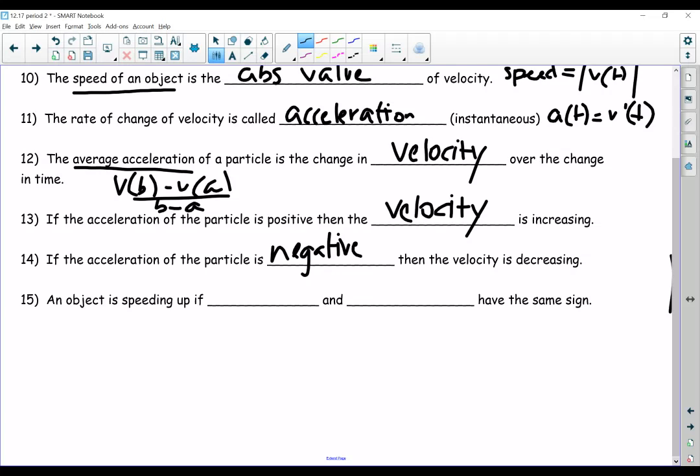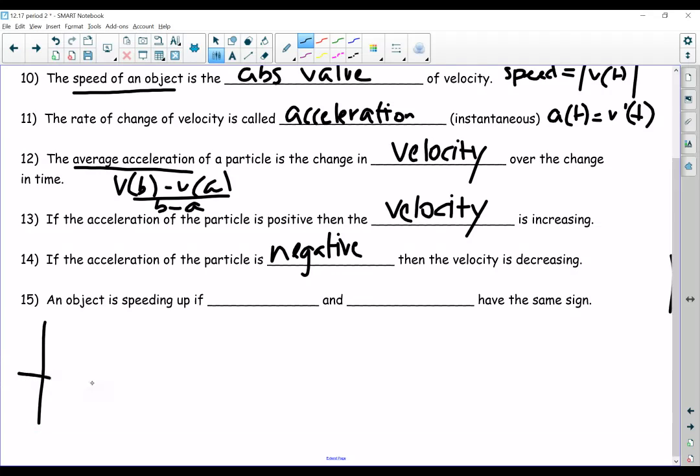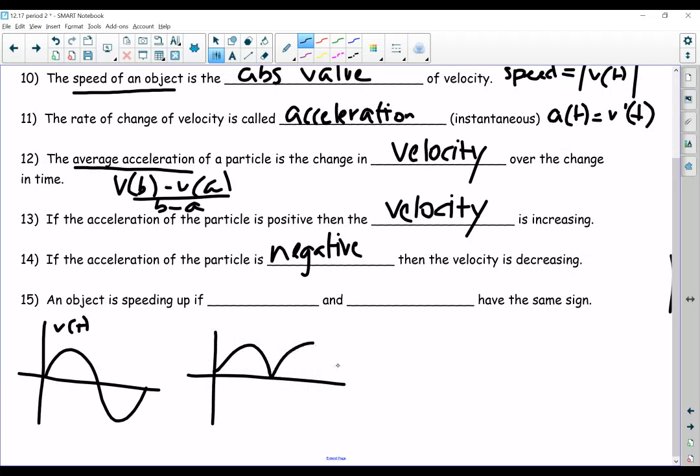But the acceleration, guys, if you're talking about speeding up, you have to think about the speed graph, not the velocity graph. And the acceleration is the derivative of velocity, which is a little bit different than the speed graph. So let me show you what I mean. If this is my velocity graph, then this is my speed graph.